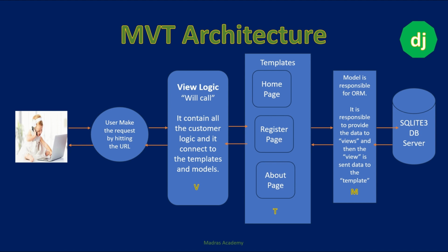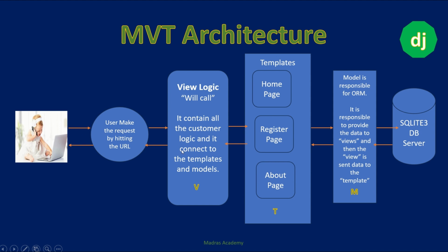When the client passes the request to view the home page, they have to give the home page URL, right? So immediately this view will get the request from the URL, and whatever response we need to give, this template page will automatically display to the user.